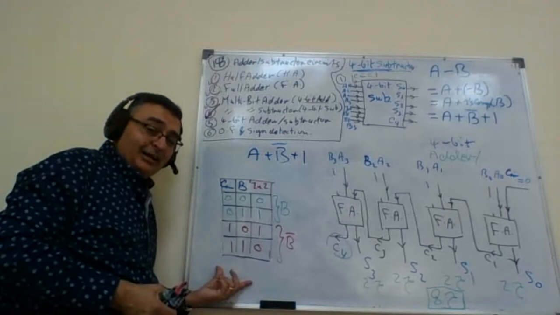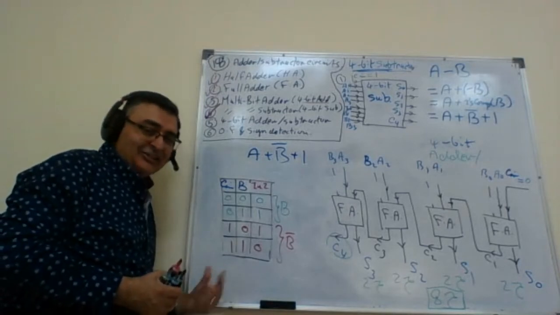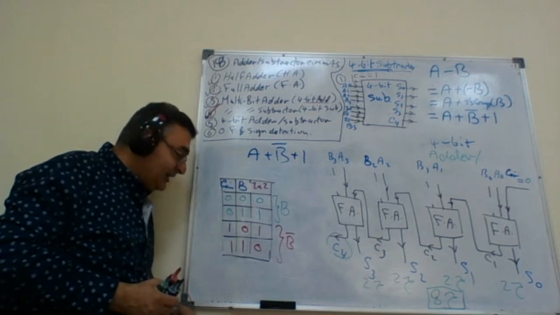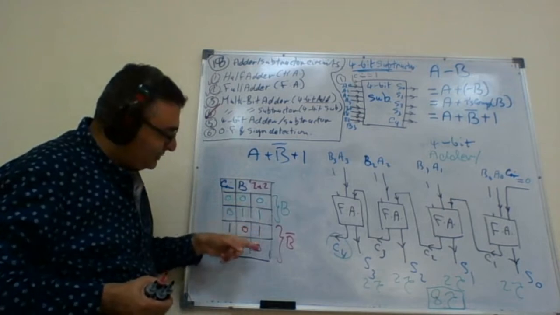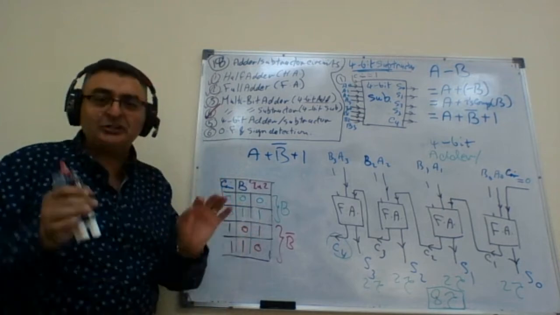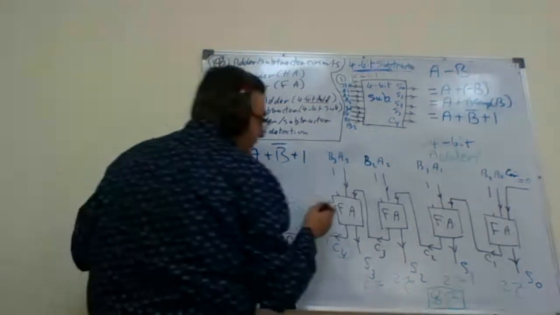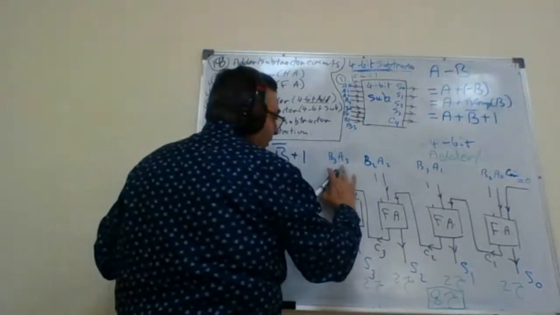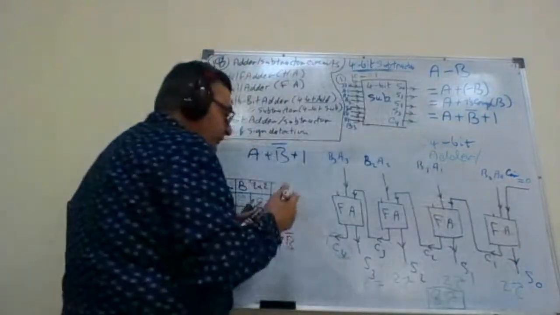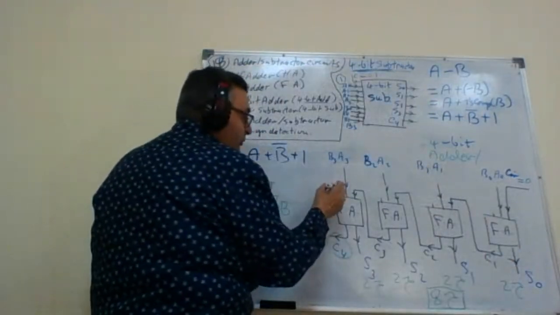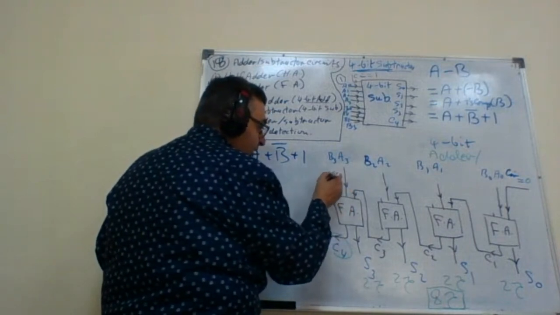Now, go back to the last lecture of chapter 3. We learned this logic gate. This logic gate is called, yes, correct, XOR. 0, 1, 1, 0. This is the typical functionality of XOR. So all I have to do is put here, instead of putting an inverter for the subtractor, an XOR.